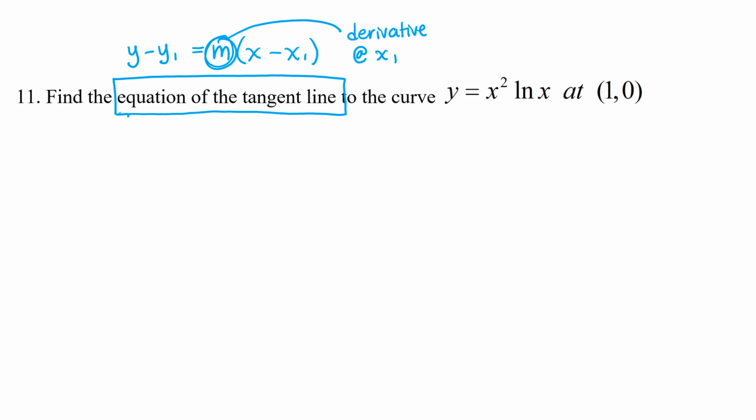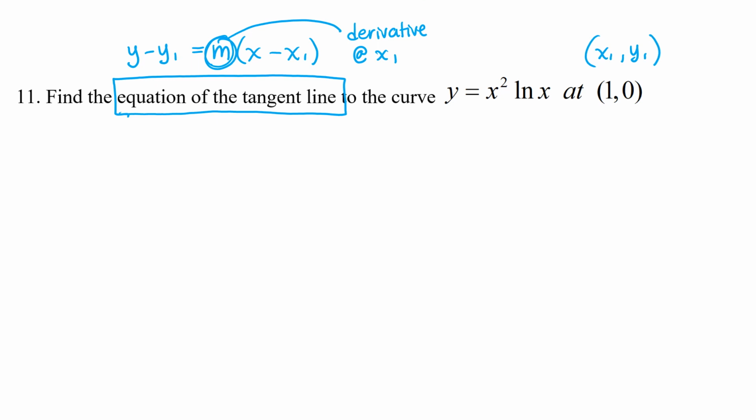So we have y is equal to x squared natural log of x, and we're looking at the point (1, 0). So this is our (x1, y1), and we need to find the derivative of this function, and what that derivative is equal to at x1, so at 1.